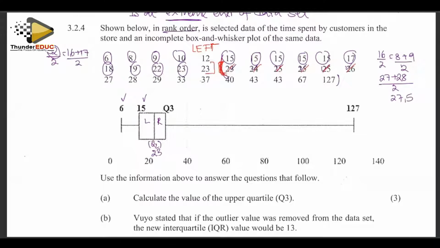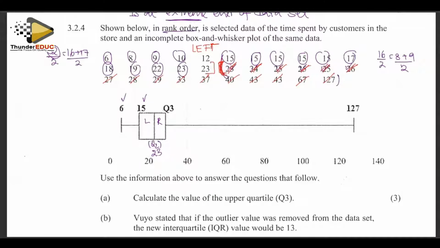So we have 1, 2, 3, 4, 5, 6, 7, 8, 9, 10, 11, 12, 13, 14, 15, 16. Of these 16, we are going to look for the median, which will become our Q3. So 16, we need 8 and 9. The number in the eighth place on the right-hand side, and the number in the ninth place on the right.